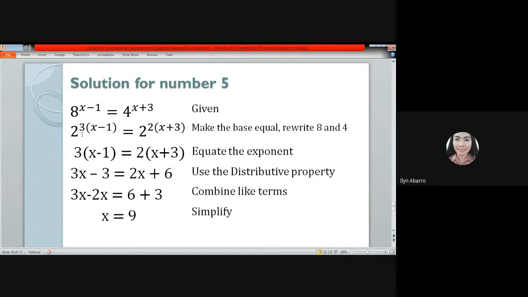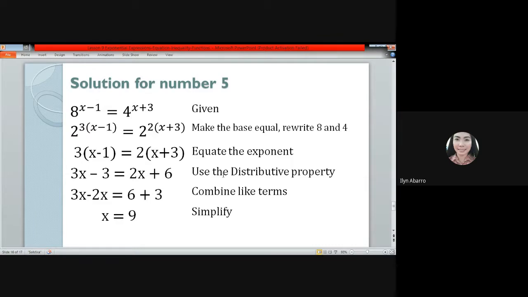Now that the bases are equal, we can now equate the exponents. So, let us bring down the first exponent on the left. So, 3 times x minus 1 is equal to 2 times x plus 3. And then, perform the operation. 3 times x, 3x, minus 3 times 1, 3 is equal to 2 times x, 2x, plus 2 times 3 is 6.